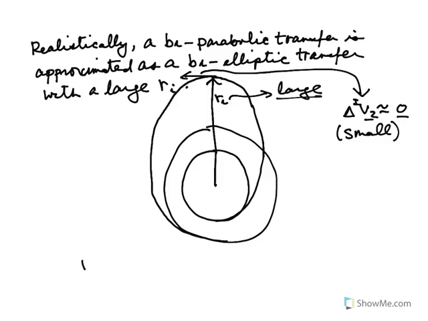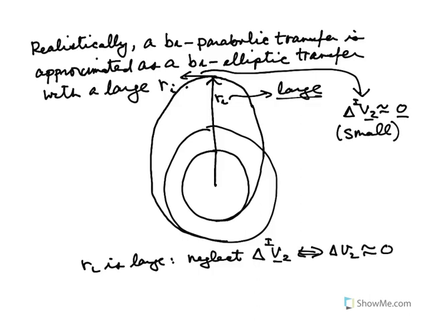So in the case where Ri is large, you just neglect delta v2I, which is the same thing as just saying delta v2 is approximately 0. And that's the same thing I have here. This is the same thing as equivalently saying delta v2 is approximately 0. They're the same thing.